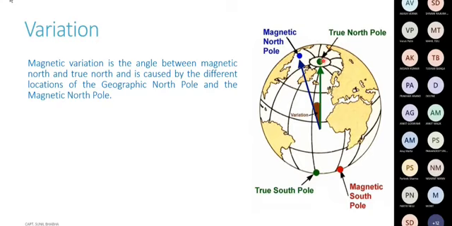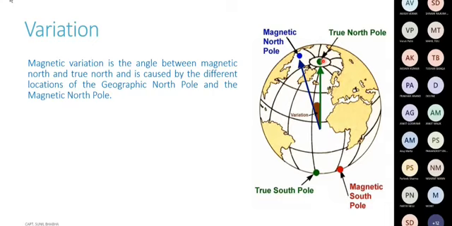The magnetic North Pole is decided by the magnetism of the Earth or the magnetic properties of the Earth. Just like every magnet has 2 poles, the red and the blue pole, similarly the Earth also has magnetic properties, and it has a magnetic North Pole and a magnetic South Pole.